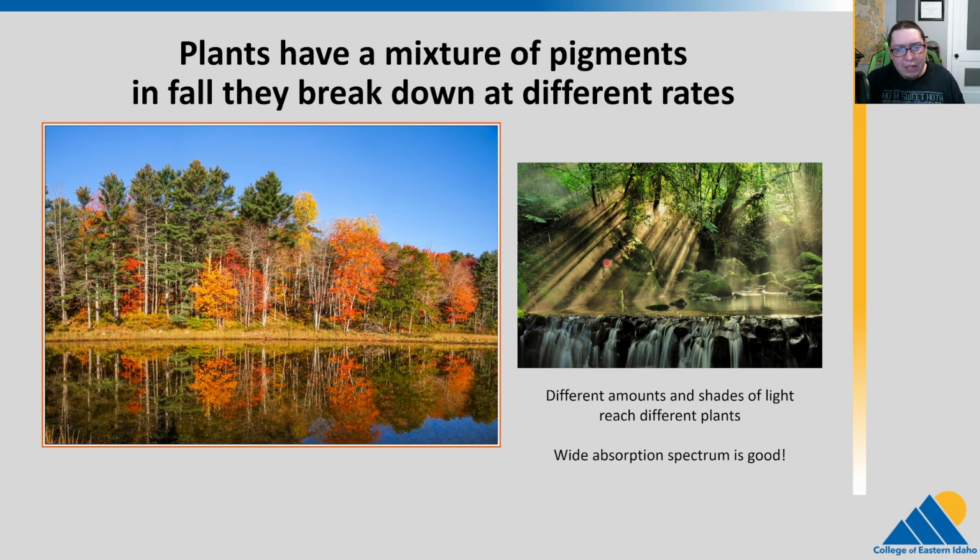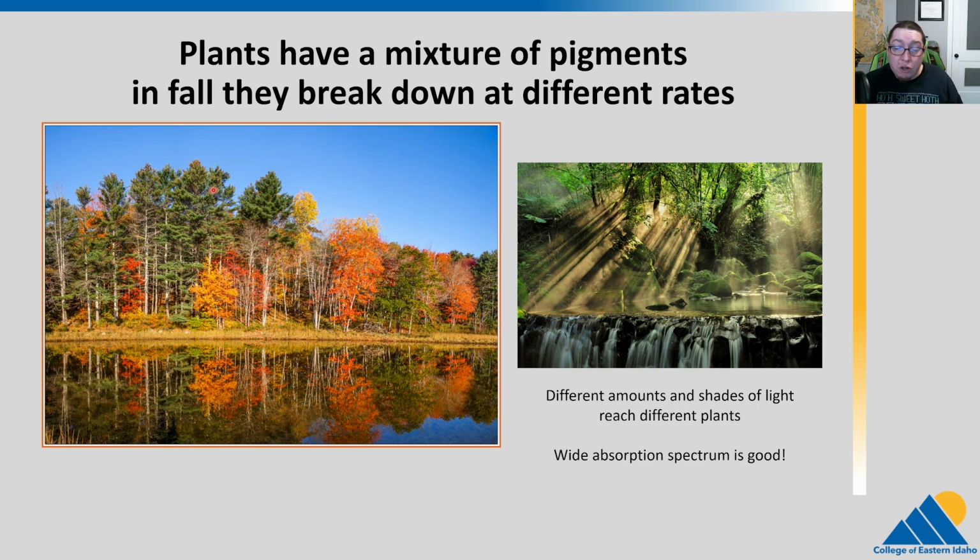So if you're living at the bottom of the forest, you're getting different qualities of light coming in than if you're a big tree at the top, right? So having this wide absorption spectra, those different pigments, is very useful for the different qualities of light. Now in fall, we see the different pigments coming out because the plant pigments break down at different rates.